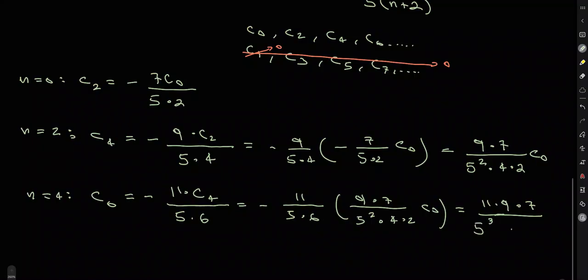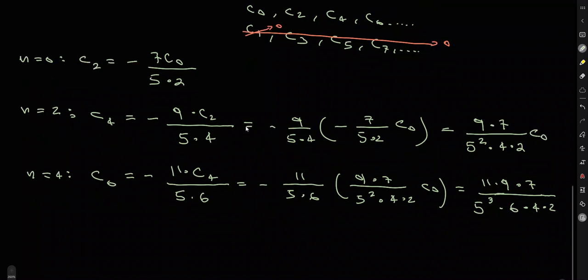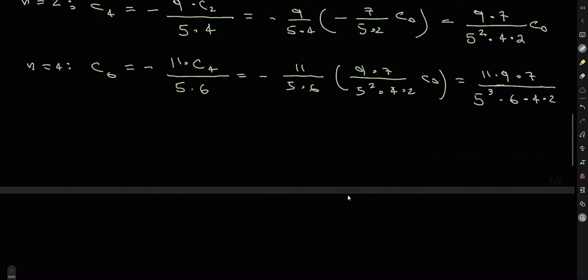And 6 times 4 times 2 times 6 times 4 times 2, all right? Okay, so it seems like this is more than good enough for the generation of the coefficients. We add another page in here, okay?